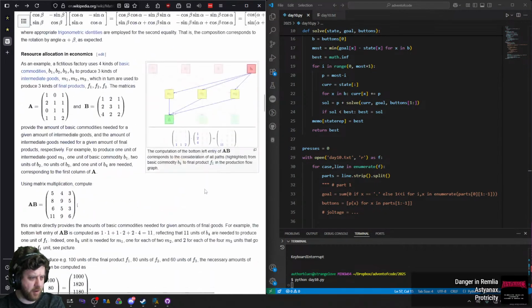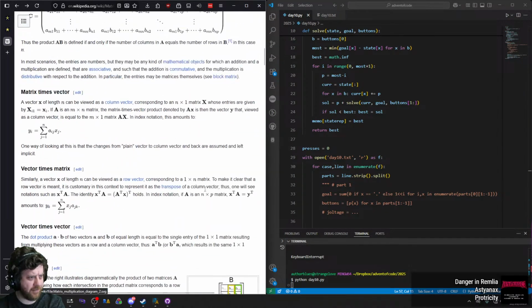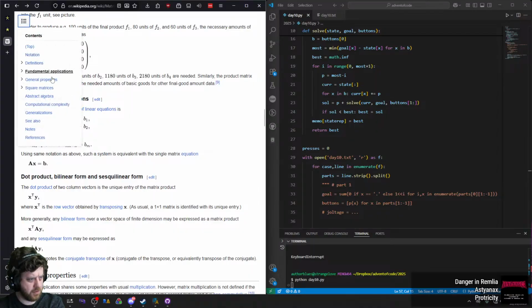Matrix multiplication's invertible, right? That feels like a question I should definitely remember the answer to.